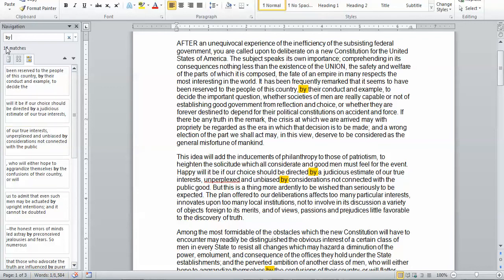What we do is they used the number of bys per 1,000 words, so you take 14 divided by 1,584, and you would multiply that by 1,000, and that would be the statistic for this paper, bys per 1,000 words.